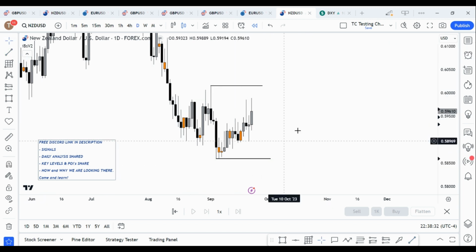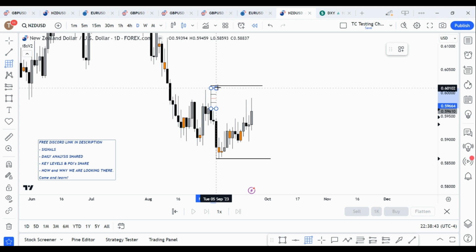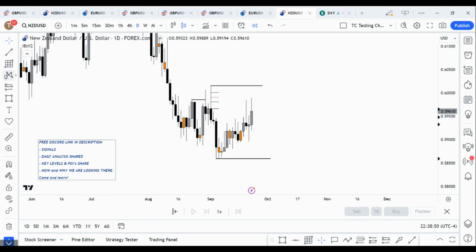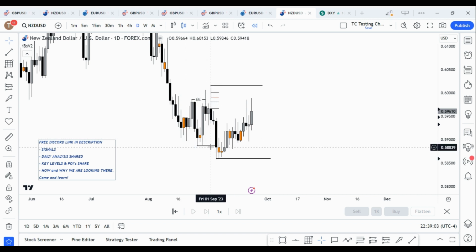And you can see we have this rejection block here, coupled with this wick on the daily time frame, which does run buy side liquidity before displacing aggressively to the downside, giving us a break in structure on the daily time frame, taking out a significant swing point in the market and closing outside.